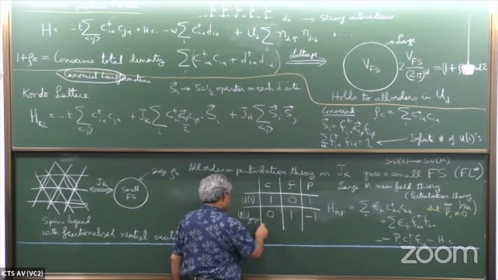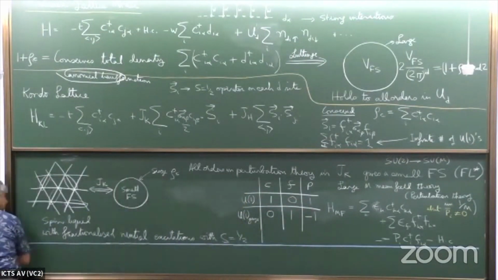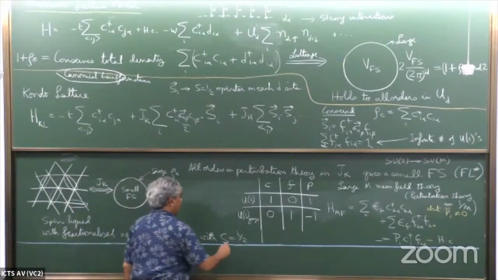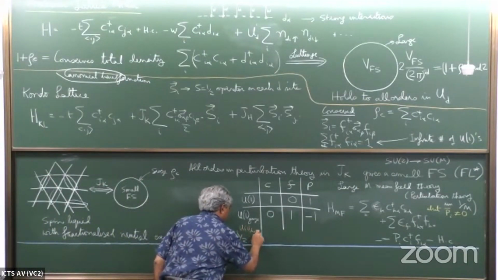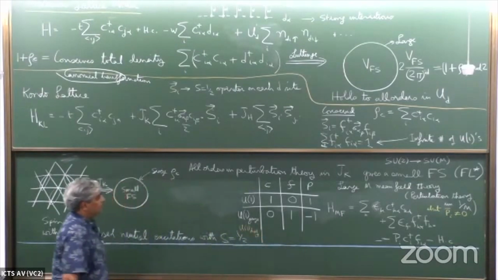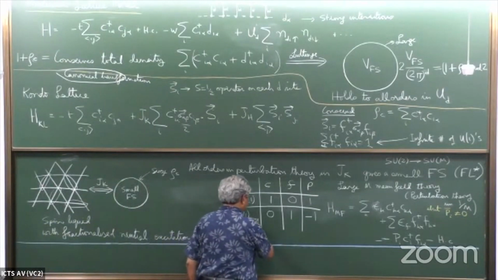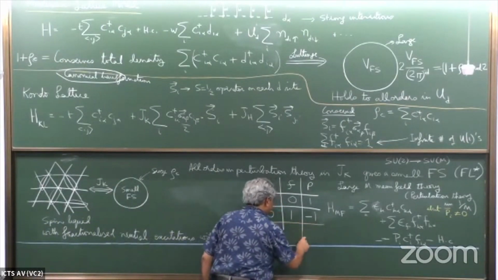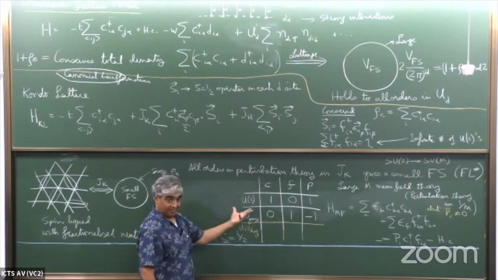there is another gauge symmetry I can define, which is the diagonal gauge symmetry. So I'll call it U1 diag. Under U1 diag, if I've got it right, it is basically the gauge transformation where you transform U1 and U1 gauge together.